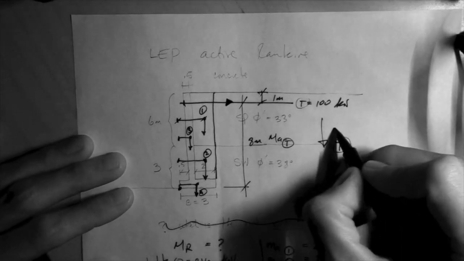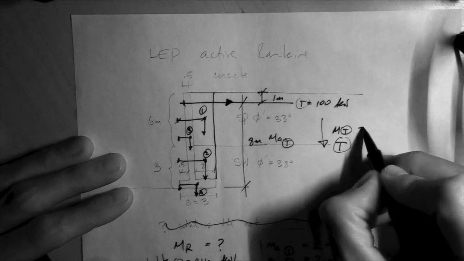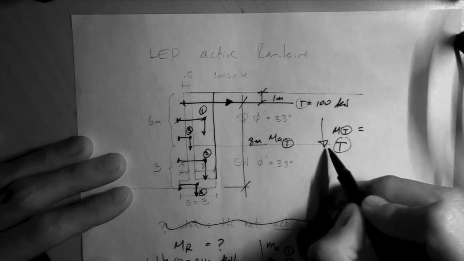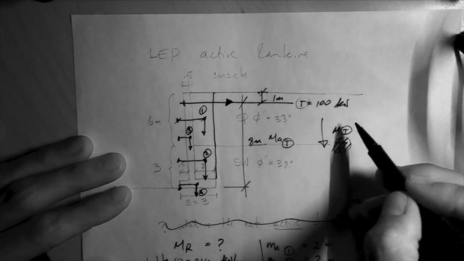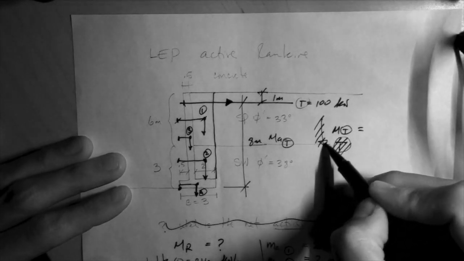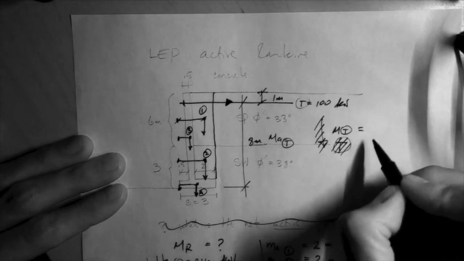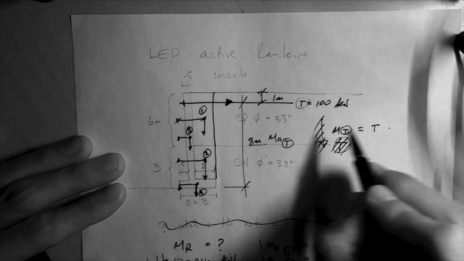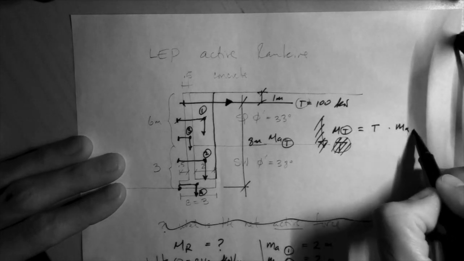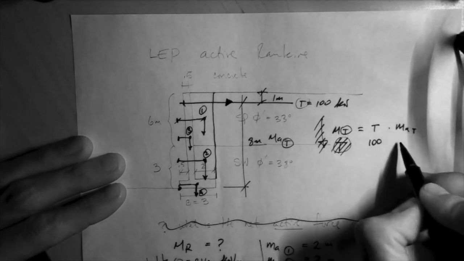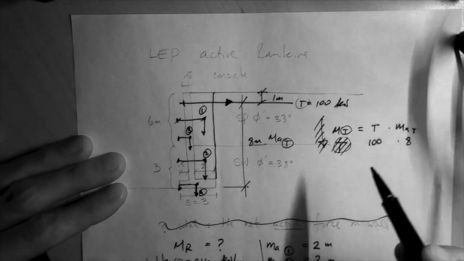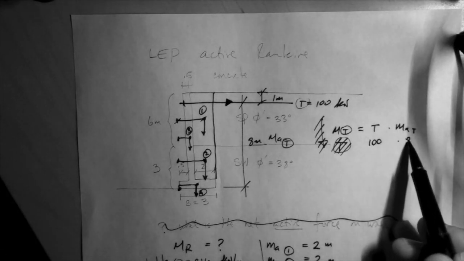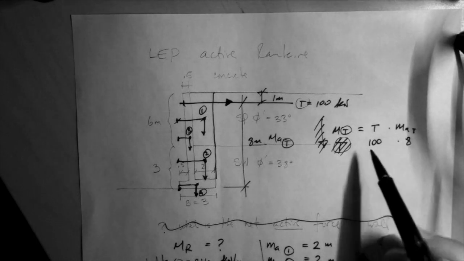Okay, so the moment due to the tieback is equal to the tieback force, 100 kilonewton, times the moment arm of the tieback. So 100 times 8. But notice what happens. This is in kilonewton. Kilonewton times meter is kilonewton meter, which is fine for a moment.